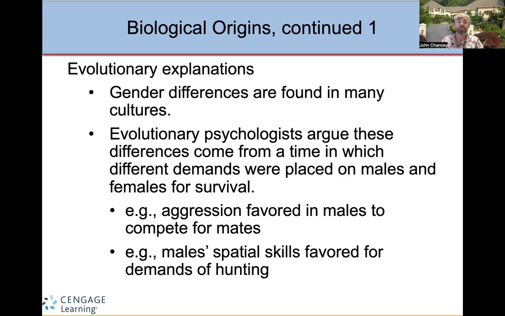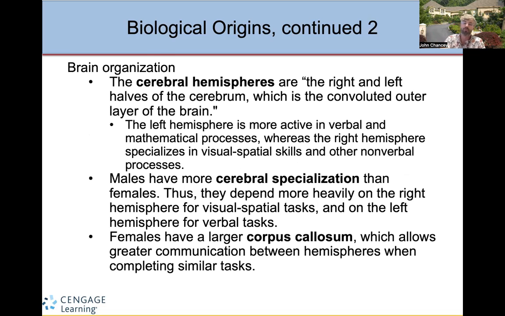And then also the spatial skills in terms of if you lived in a hunting and gathering society, developing those fine-tuned spatial skills to be able to see prey, hidden prey, that could be the difference between living and surviving and keeping your family alive and keeping your genes going or not. So this is really offering a hindsight perspective on trying to explain behaviors now based on the past.